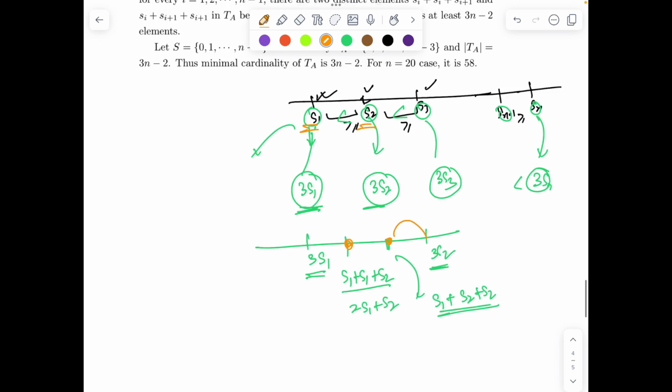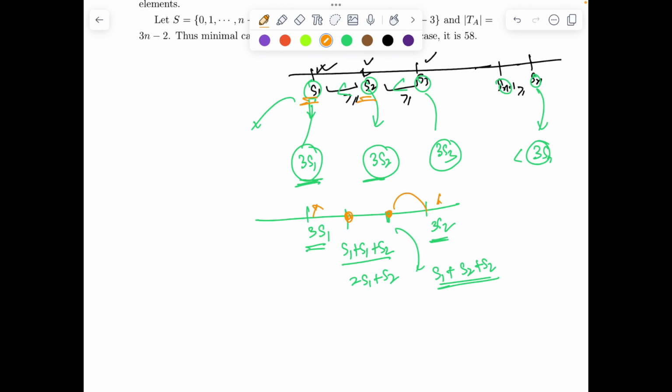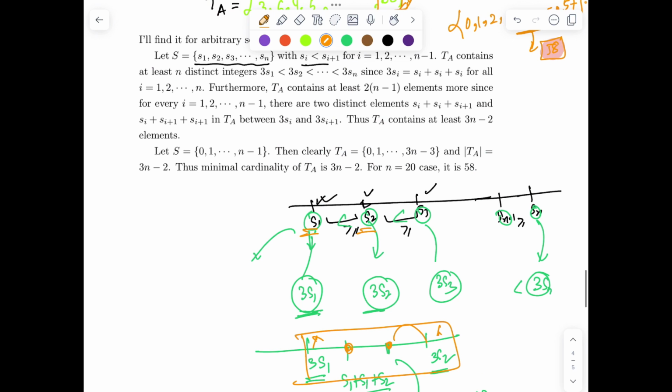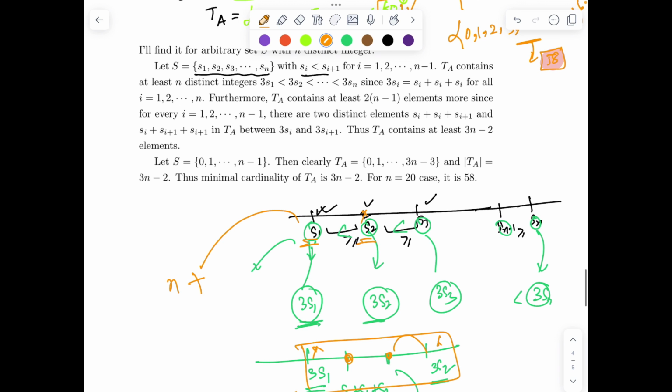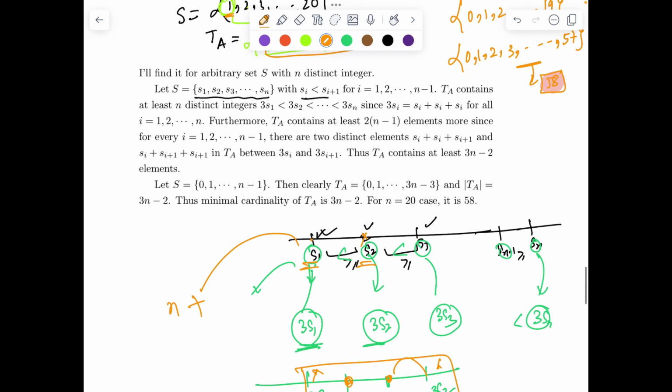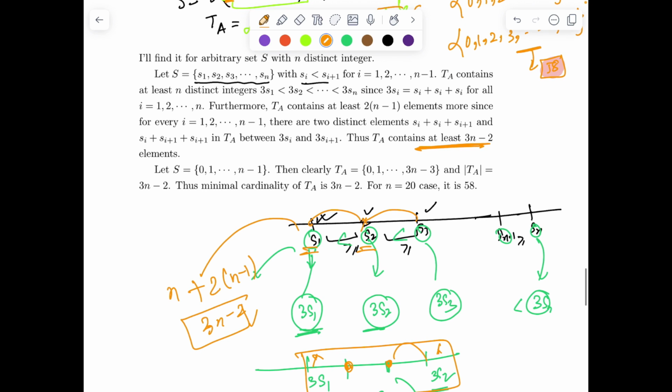So given two elements S1 and S2, I can definitely create 4 elements. It means given n elements, minimum n elements are created plus extra. How many extra? Between these two I can create 2. So between every gap I can get extra 2, so 2 times n minus 1. So it's guaranteed that we get 3n minus 2 elements. That is at least what set TA contains.